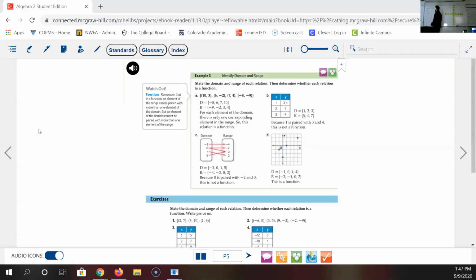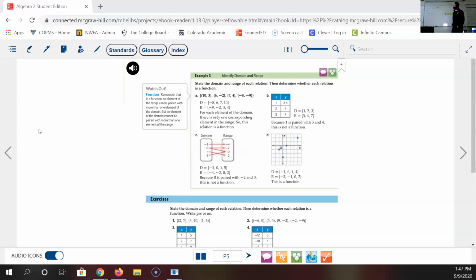So we have a 10, a 6, a 7, and a negative 8. The smallest is negative 8, since a negative number is naturally going to be smaller. The next smallest is 6, then 7, and then 10.